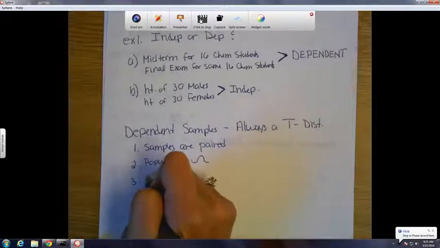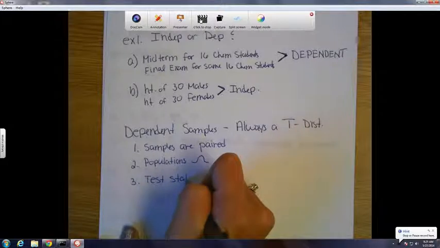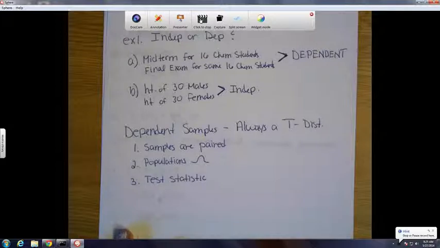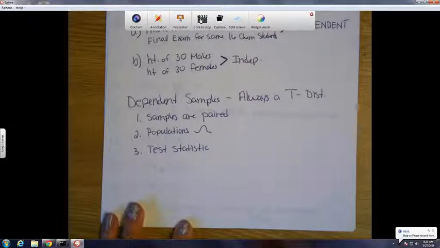Your test statistic, they have a special name for it, it's the difference between the sample means. But they call it D-bar. Well, it's actually the average difference between the sample means.